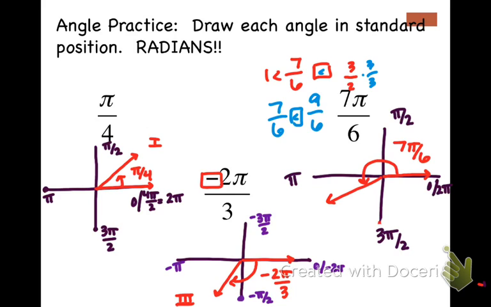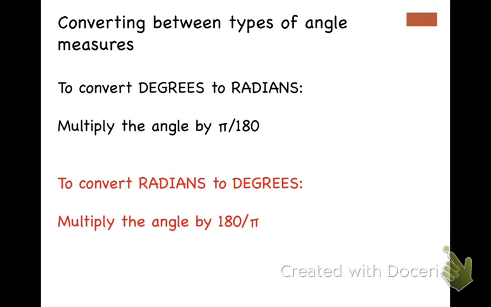All right, now we can convert back and forth between our radians and our degrees, and this is all going to be using that relationship of pi radians is equal to 180 degrees. So if you think back to when you took chemistry and you had to do those unit conversions, you would always multiply by a form of 1.